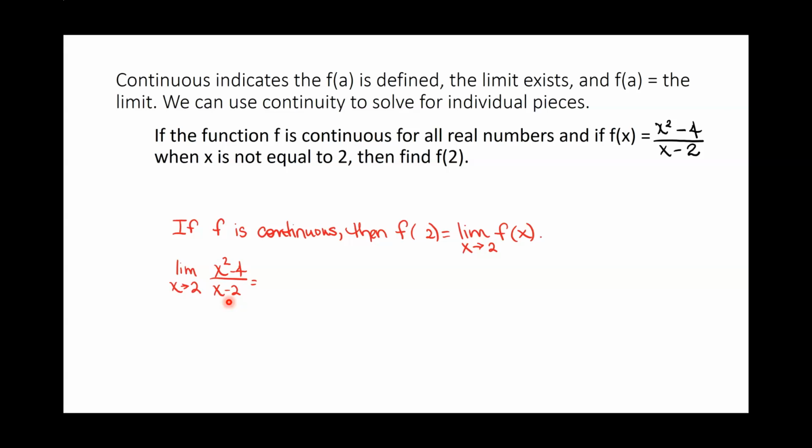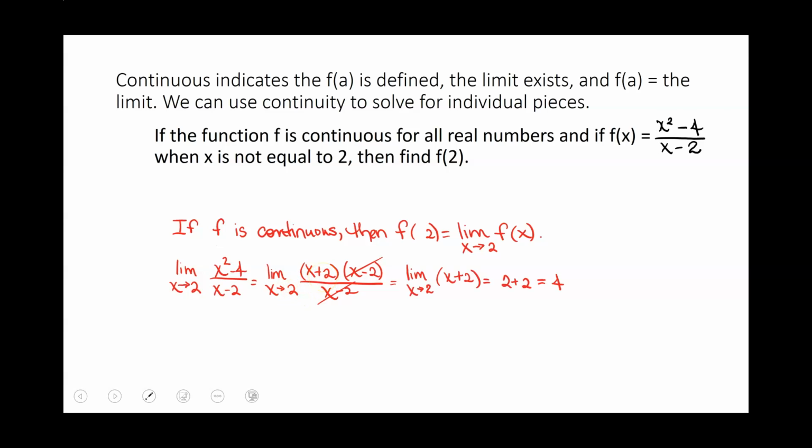So I want to try to use some of those things we learned earlier in the chapter to simplify this and perhaps make it well behaved. Remember that we talked about how you could factor and cancel. When we factor and cancel, what I have left is a polynomial, and when I'm taking the limit of a polynomial, I can just use direct substitution because it is well behaved.